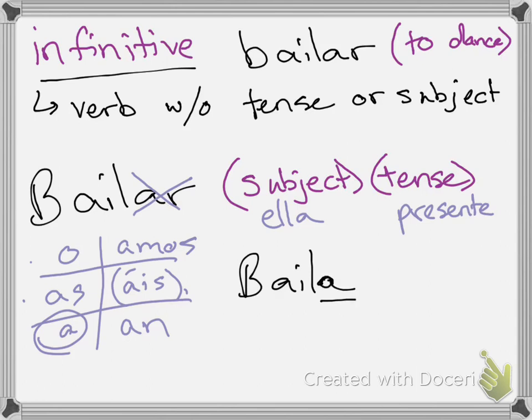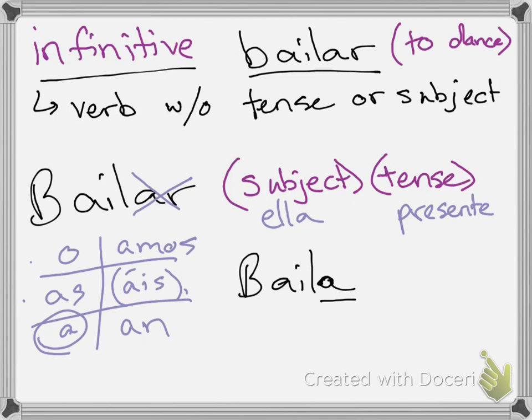Okay, so ella in the present is going to be baila. The best way, though, to actually learn this stuff is just learning it in context, and you'll come to recognize what's right and what's wrong. But I will have a series of videos going through the entire present tense and how to chop and find the right way to change a verb based on its infinitive. Okay, so I would have baila for she in the present.